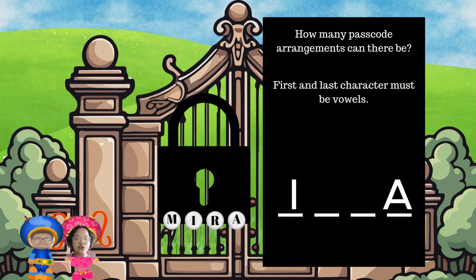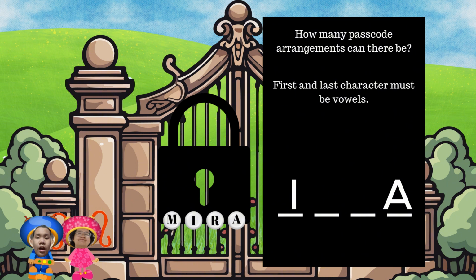Oh, I remember learning about permutations, Gio. Can't we use the formula nPr equals n factorial over n minus r factorial to solve this? We can try, but let's think it through. The formula P of n taken r at a time is for arranging r objects from n total objects.